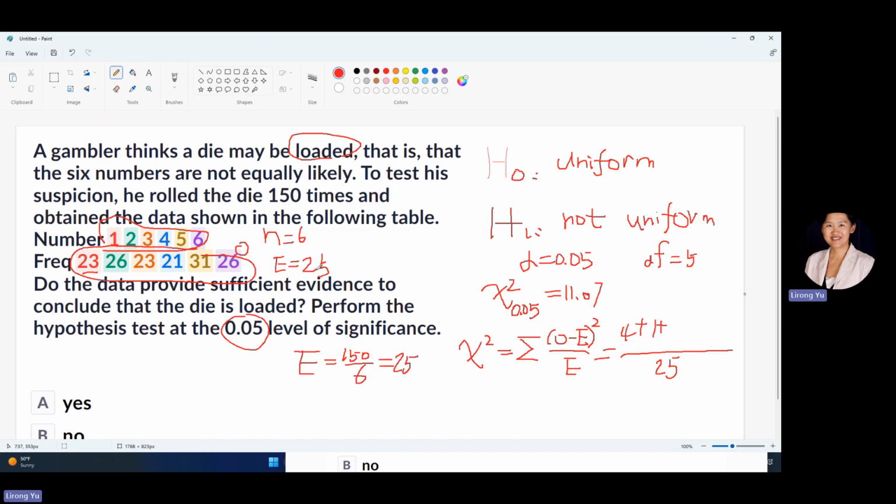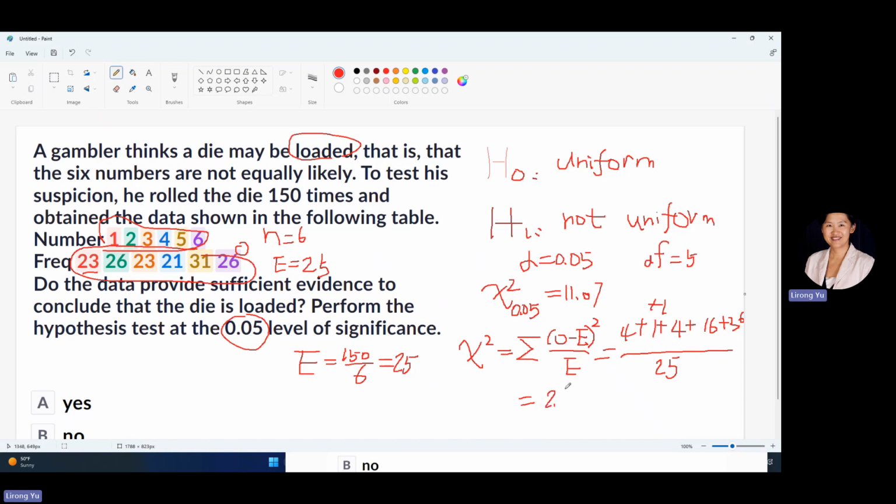And then 23 minus 25 is again squared to 4. And then 21 minus 25 is negative 4, squared is 16. 31 minus 25 is 6, so that squared equals 36. And 26 minus 25 is 1. So altogether, that's the summation of the chi-square. What do we have? 2.48.